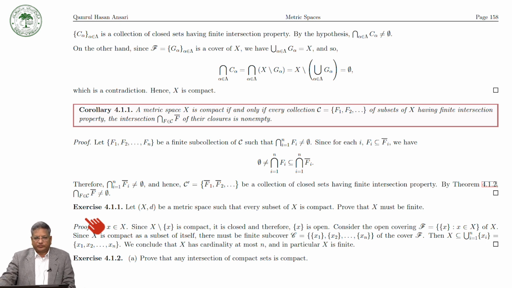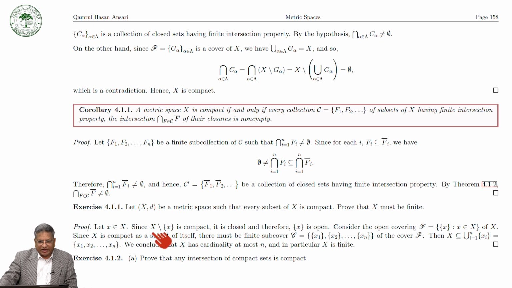So we can start by taking an arbitrary point x. Take x to be any element in capital X, and now you can remove the singleton set {x}. Then the set X minus {x} is compact, because this is a subset of X, and we are saying that every subset of X is compact.